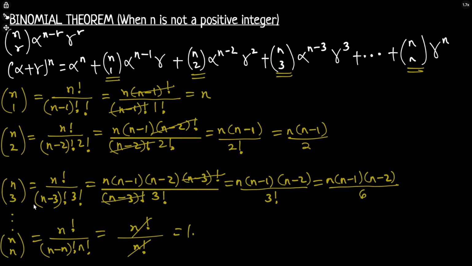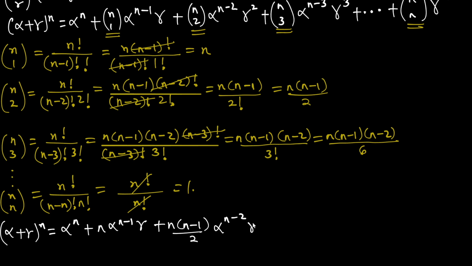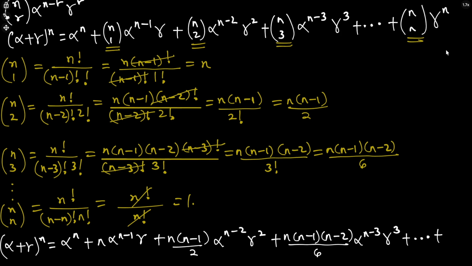Which means that alpha plus gamma to the power of n can now be written as alpha to the power of n plus n alpha raised to the power of n minus 1 and gamma, plus n combination 2, which is n times n minus 1 over 2, so you have n times n minus 1 over 2 alpha to the power of n minus 2 gamma to the power of 2, plus n combination 3, which is what we have here, n times n minus 1 times n minus 2 divided by 6, then alpha to the power of n minus 3, gamma to the power of 3, plus, it goes on like that until we get to the last one, gamma to the power of n.